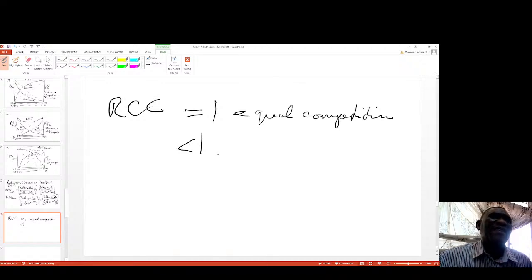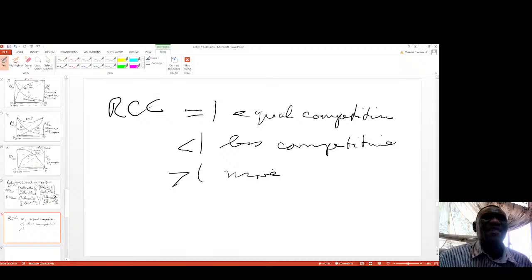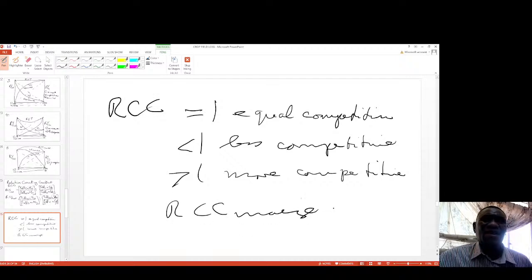It means the one which you have calculated for this value is less competitive, or it could be more competitive, depending which value you have computed, because you have RCC crop or RCC wheat.